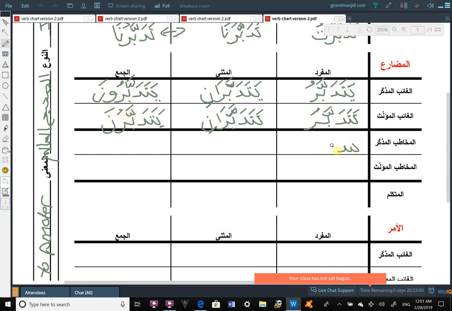Tatadabbaru, talking to a male. Tatadabbarani. Tatadabbaruna. Here we add the ya al-mukhataba, the ya of the female we're talking to. Tatadabbarina.